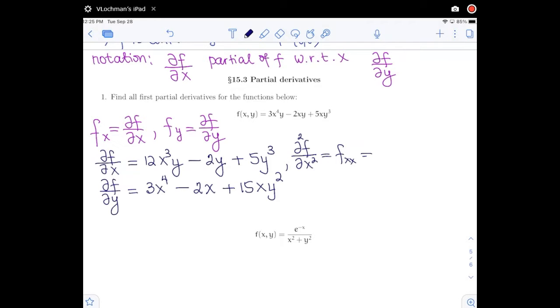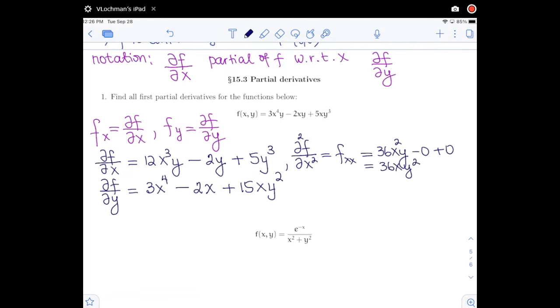So now I get 36x squared y. The negative 2y is gone, this becomes 0 because that's just a constant, no variable. So that's minus 0. And what about 5y cubed? That's also 0, the derivative of that with respect to x is 0. So my second derivative with respect to x is just going to be 36xy squared.